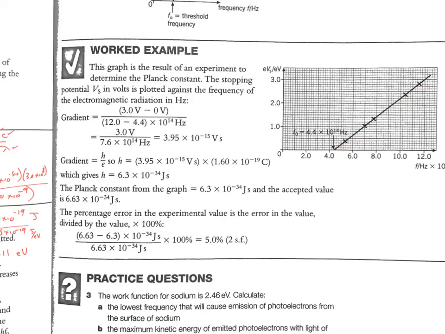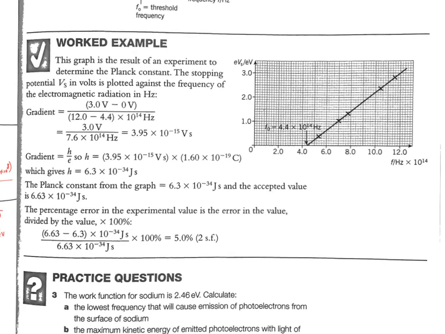Generally, the larger the gradient, the better. So in here, they've gone 3 volts is at 12, and they've gone down to 0, which is at 4.4. So 3 minus 0 is obviously 3, and the 12 down to 4.4 is 7.6, but not forgetting the scale on the axes just there, 10 to the 14.